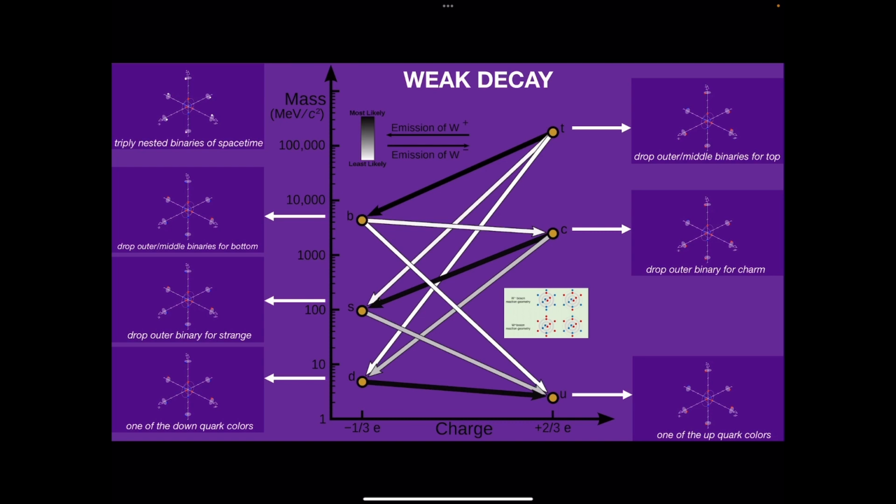As we look at this, we have to consider that a raw single binary bottom or top is extremely highly reactive, right? It's just an exposed single binary at such high energy that it's going to want to react. It will react with spacetime. And it turns out somehow it ends up flipping the personality back and forth from left to right in this diagram. So that's how I think it works.